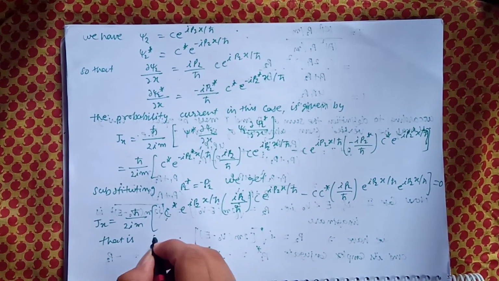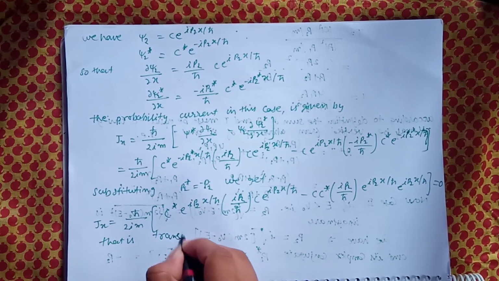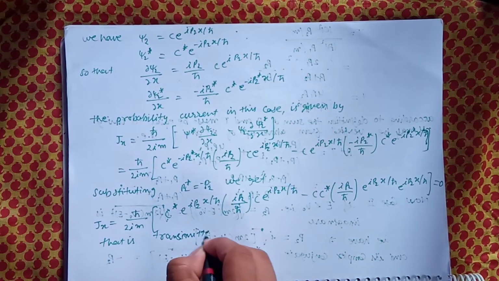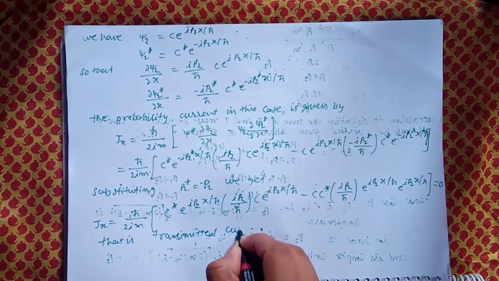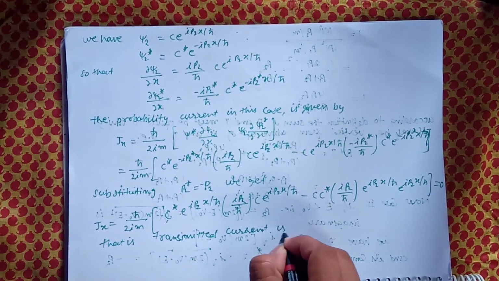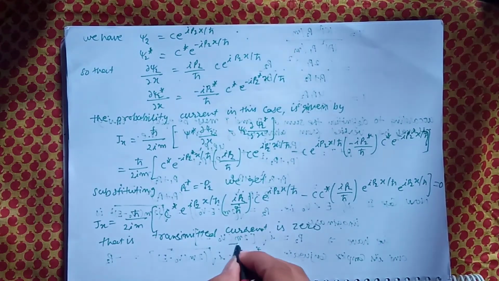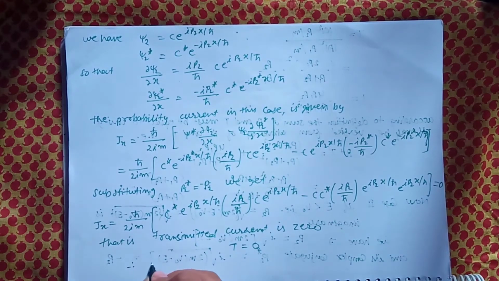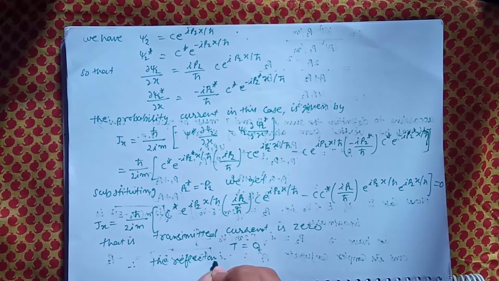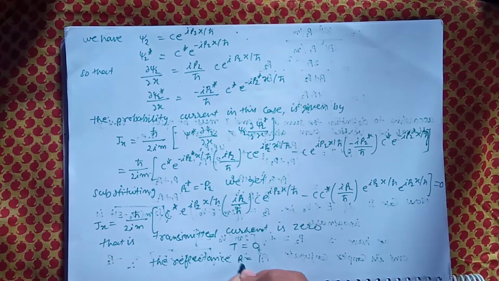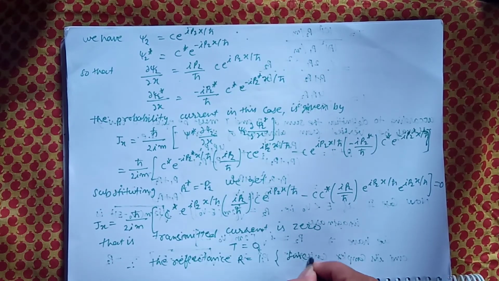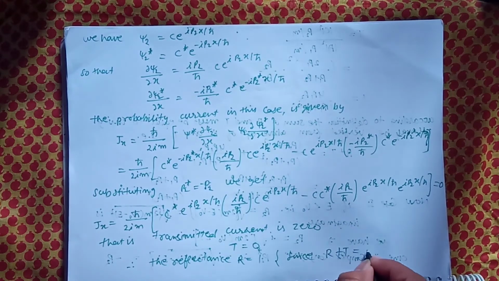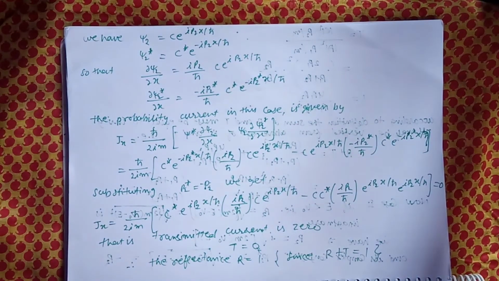That is, transmitted current is 0. T is equal to 0. That implies the reflectance R is equal to 1, since R plus T is equal to 1. To screenshot le lijiye, phir chalte hain aage.